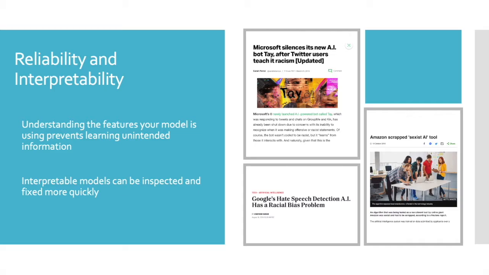For example, a lot of companies have shown up in the news for accidentally building sexist or racially biased models. When your model is learning on its own from data trends and you're not explicitly specifying features, it can be harder to unlearn those biases and fix the models quickly. So you often want models that are more consistent, more engineered, and more interpretable.